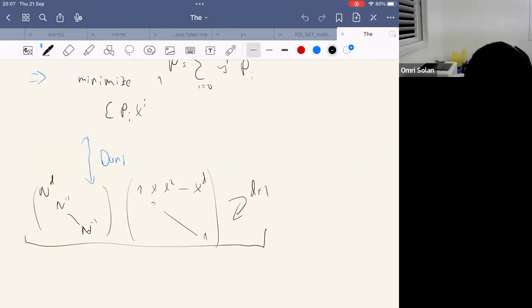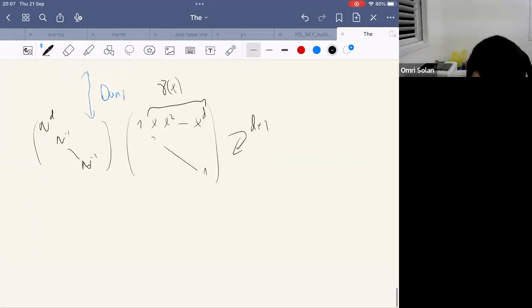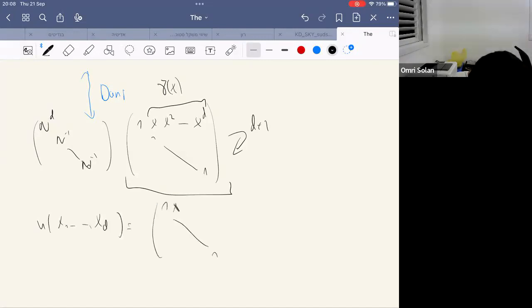Okay, so now I'll just call this vector gamma of x, and this I'll call u of gamma of x, I mean, u of x1 to xd equals the matrix with 1, 1, x1 to xd.